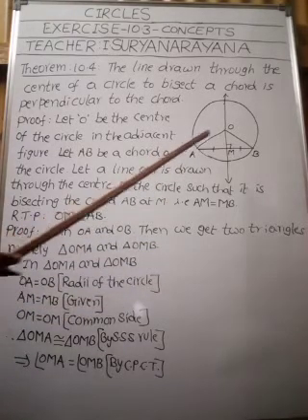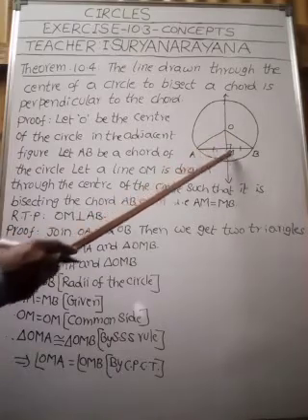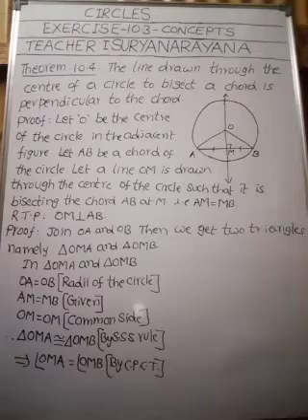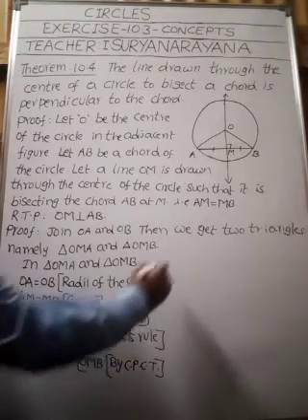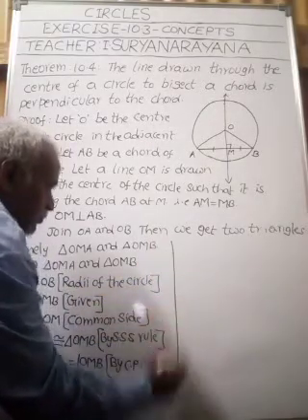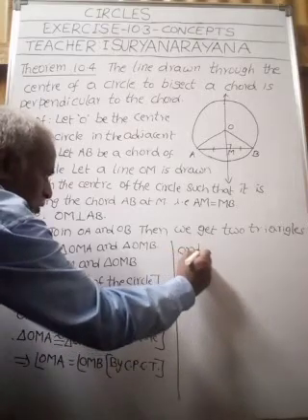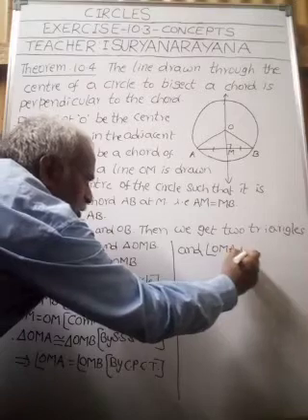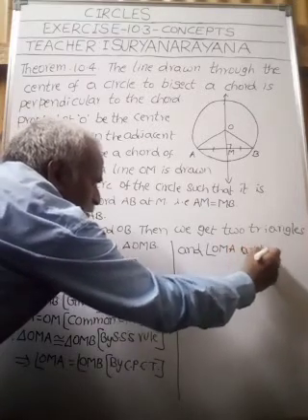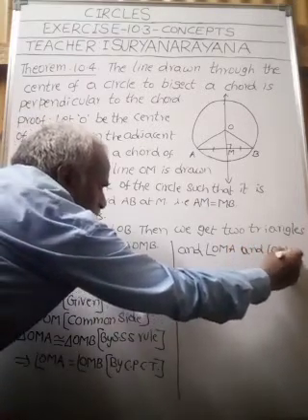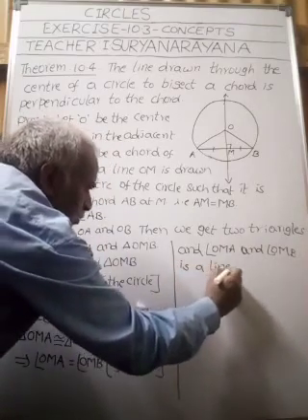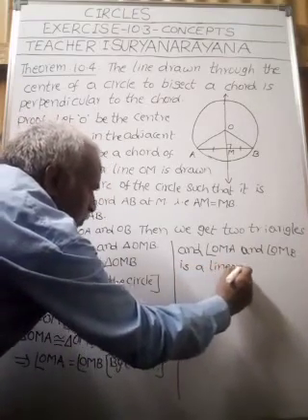And moreover, angle OMA and angle OMB are a linear pair.